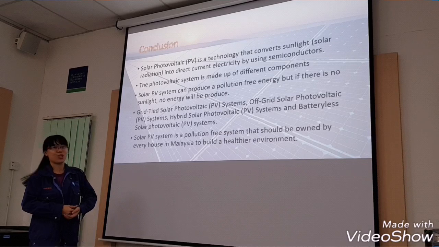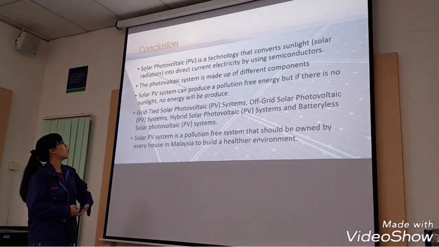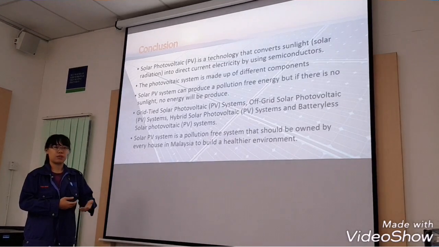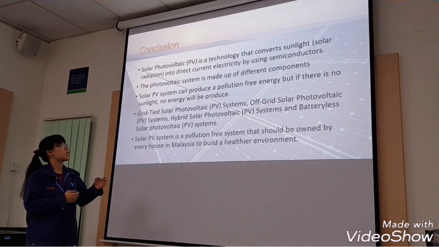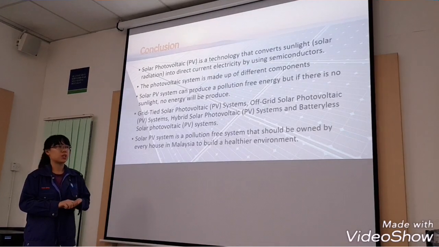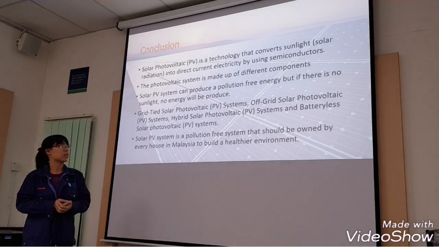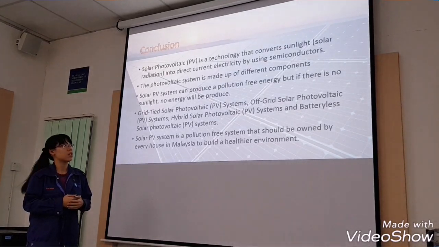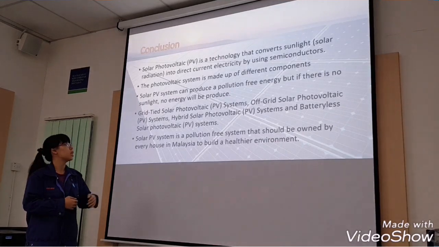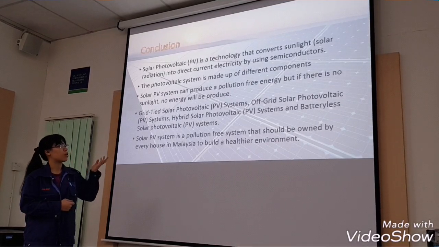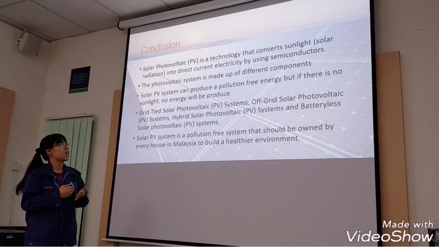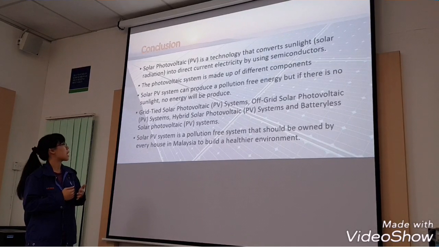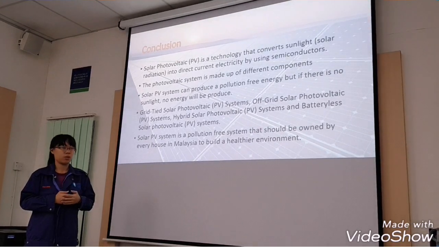And this is the conclusion for the whole project. You can see that solar photovoltaic, which is the PV system, is a technology that converts sunlight into electricity by using semiconductors, while the photovoltaic system is made out of different components as mentioned before. And the solar PV system can produce pollution-free energy, but if there is no sunlight, no energy will be produced.